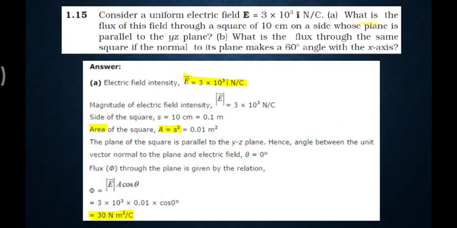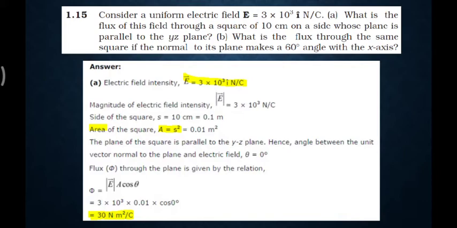Now what we have to find? What is the flux? The flux is given by a very fundamental equation, E times A, actually E dot A. Removing the dot product, you get E A cos theta. In the present scenario there is no angle data given, so you have to take the angle equal to 0 for your calculation. E is equal to 3 into 10 to the power 3, given in the question, and A we found out is 0.01.